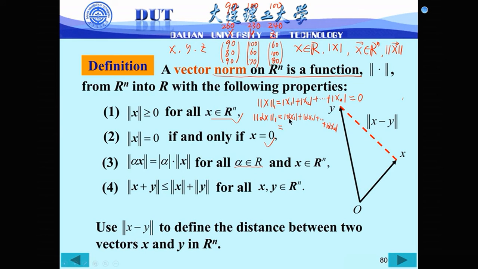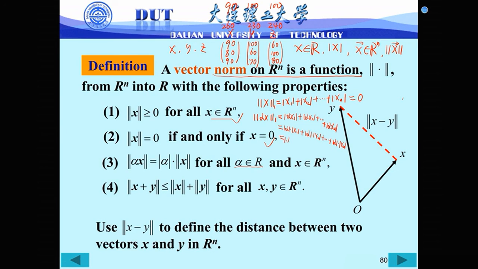By the property of absolute value, this equals the absolute value of alpha multiplied by the absolute value of x1, plus the absolute value of alpha multiplied by the absolute value of x2, plus dots plus the absolute value of alpha multiplied by the absolute value of xn. Now you see the common term, right?